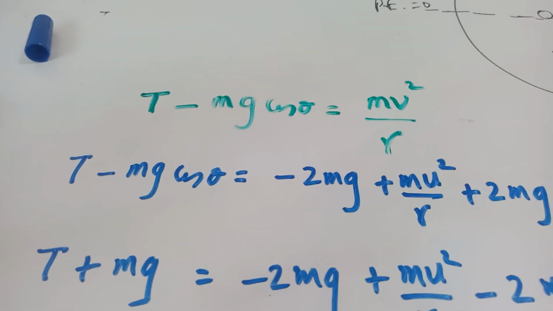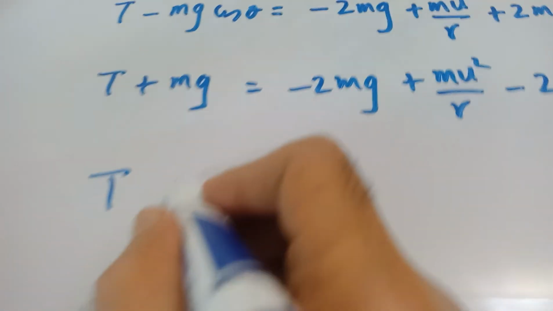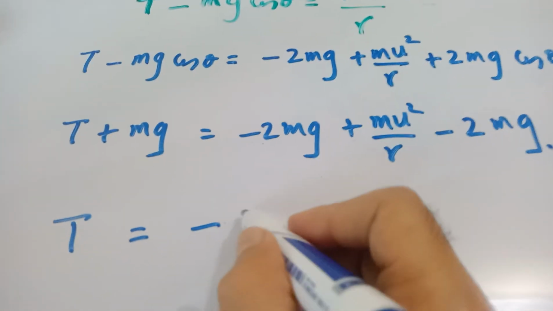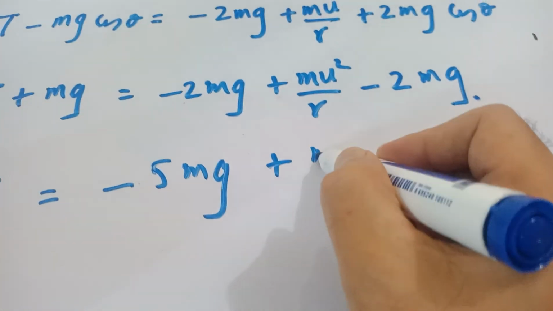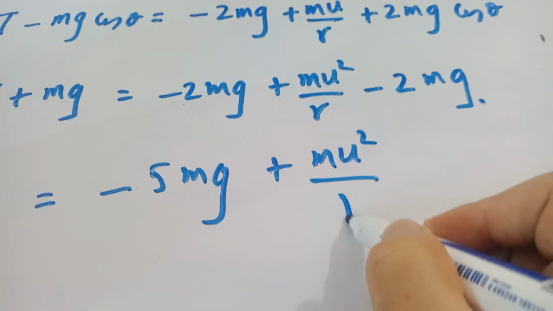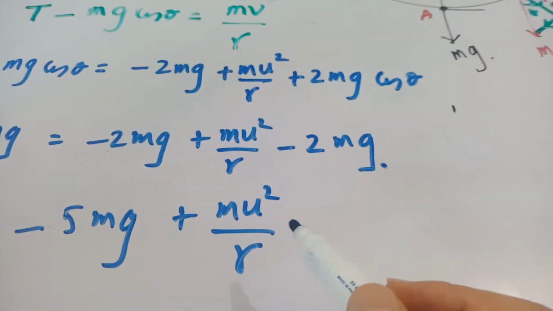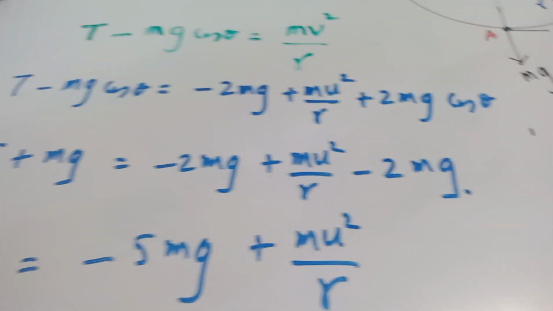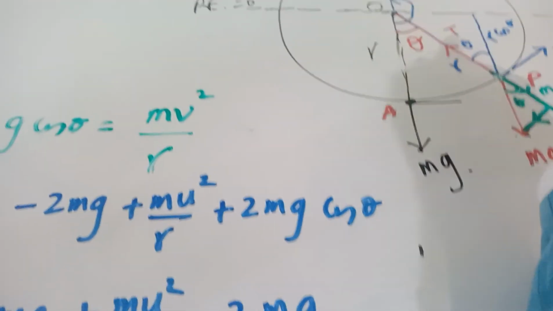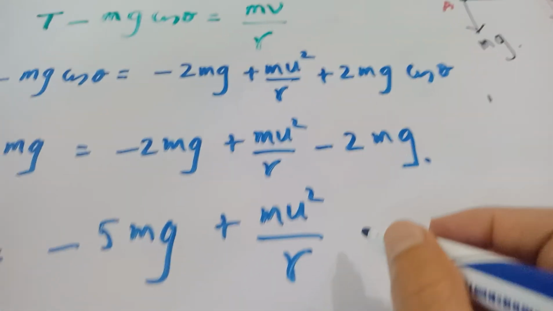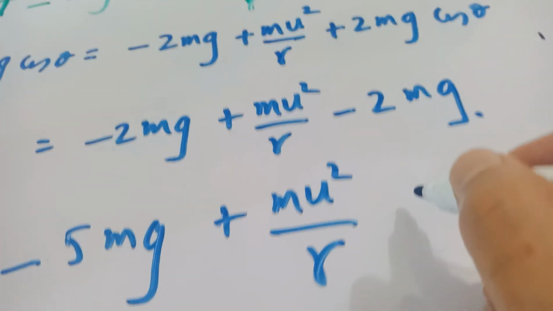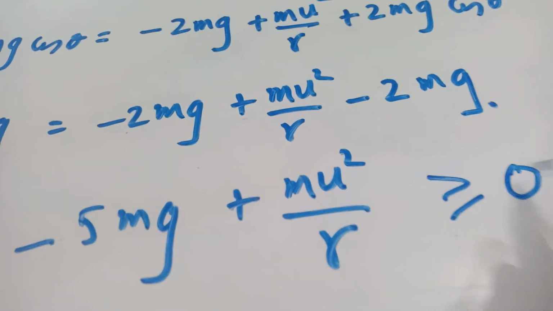Now this T is going to be minus 5mg plus mu square over r. And as I told you, if it has to complete the vertical circles over here, its tension should be greater than or equal to 0. So I put that greater than or equal to 0.